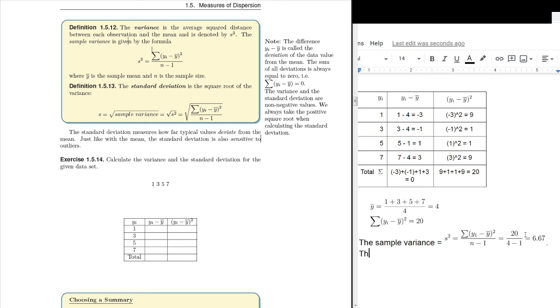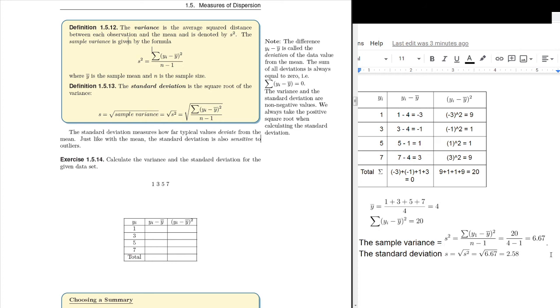And we can now calculate the standard deviation as the square root of the variance. So we take the square root of 6.67. This gives us 2.58 rounded to 2 decimals. And this is our standard deviation.